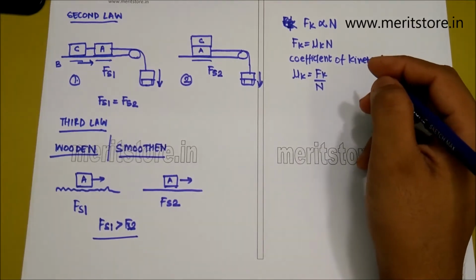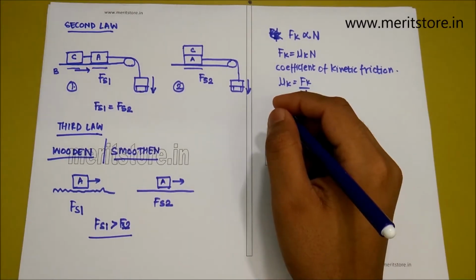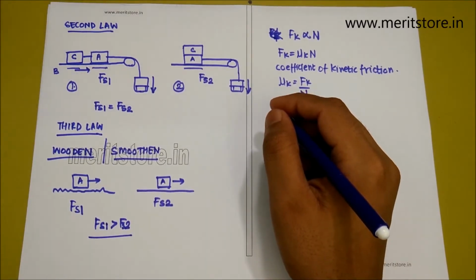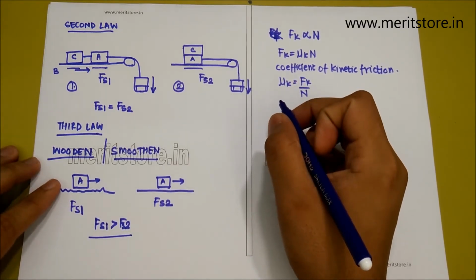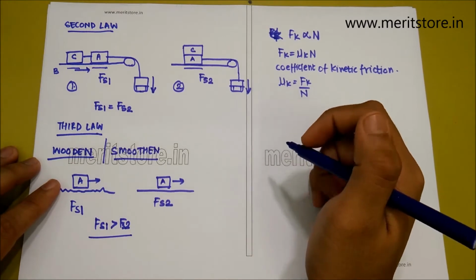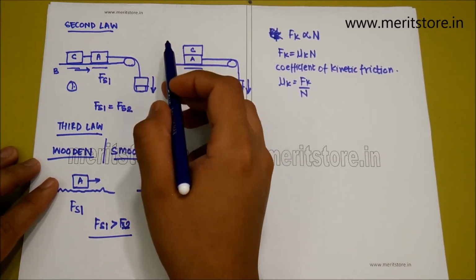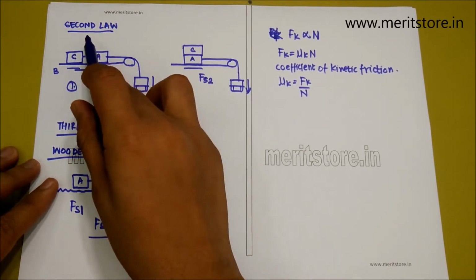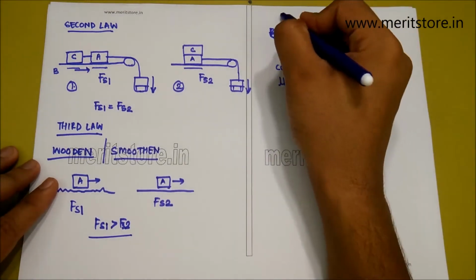The second law of kinetic friction also states that the force of kinetic friction does not depend upon the shape and the apparent area of the surfaces in contact. That is similar to the force of static friction. So the same second law, all the concepts of second law are applicable to kinetic friction as well.